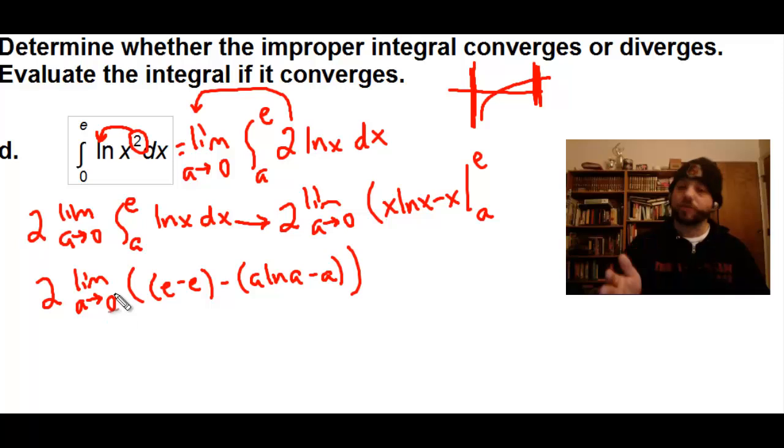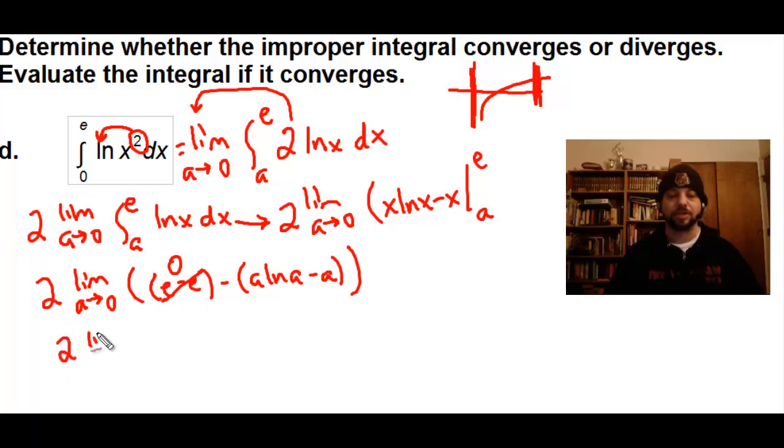So far so good. Of course, this is going to 0 out. So what I'm going to end up with is 2, and then I'll do the limit as a approaches 0. If I distribute the negative, I'm just going to go ahead and rewrite this as a minus a natural log of a. I'm just going to reverse them because of the negative sign here, if I distribute that.